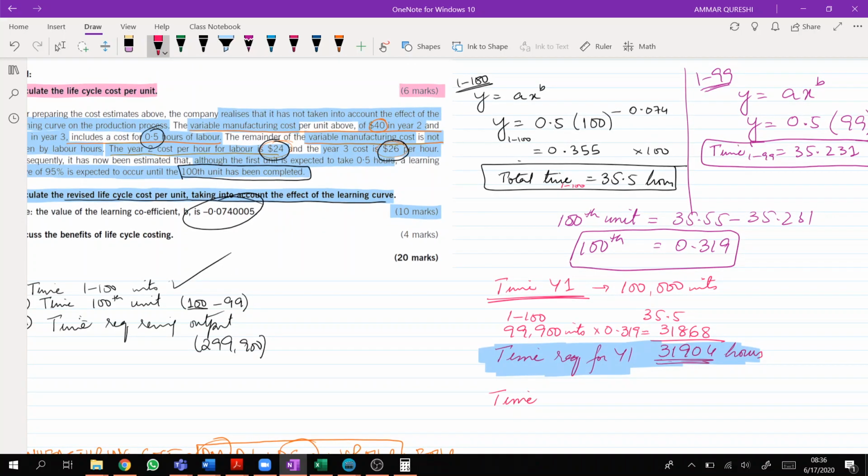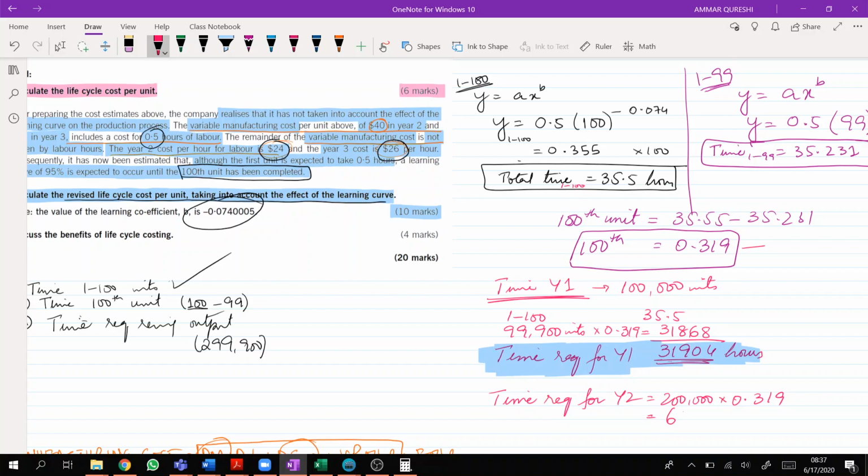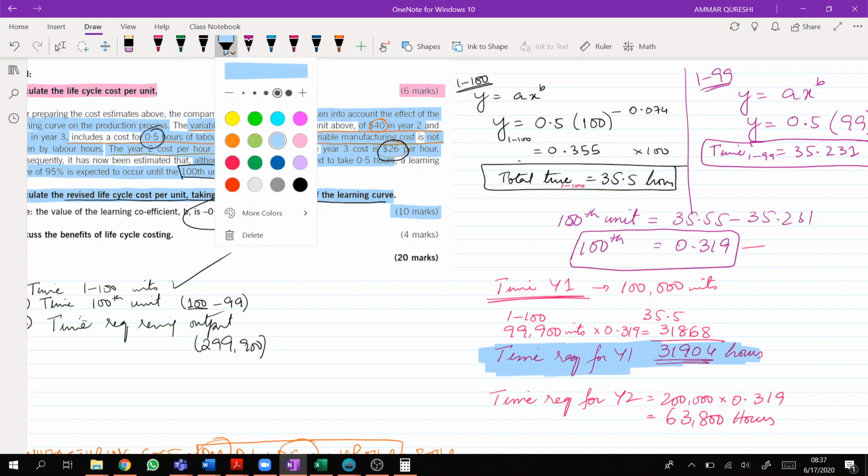So time required for year 2 will be 200,000 multiplied by the same 0.319 hours. 0.319 times 200,000, that is equal to 63,800. 63,800 hours, right? Again, let me try to highlight this figure.